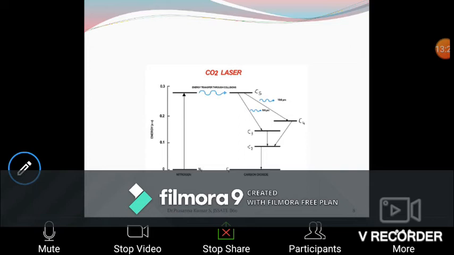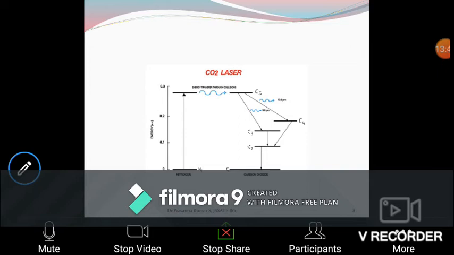Now when you send a high voltage DC supply, the electrons start moving from one electrode to the other. On their way, these fast moving accelerated electrons collide with the nitrogen atoms.